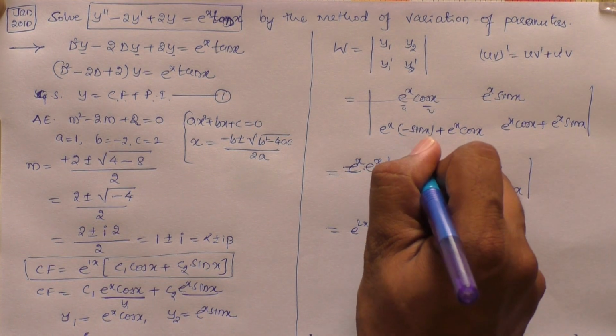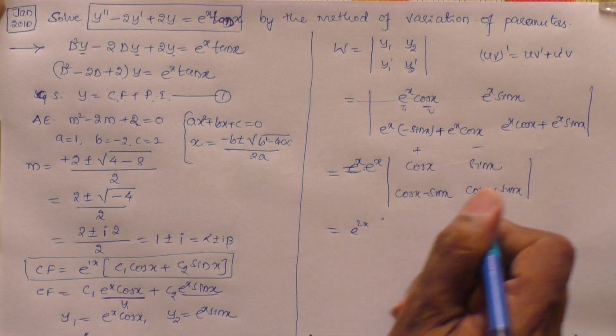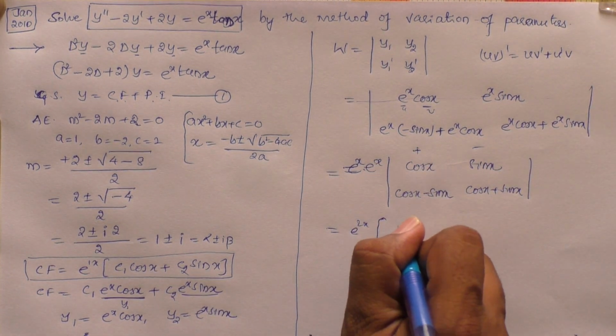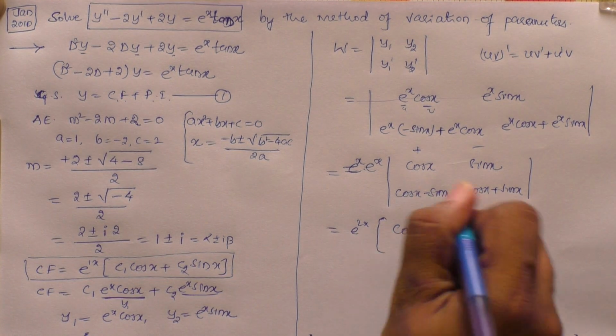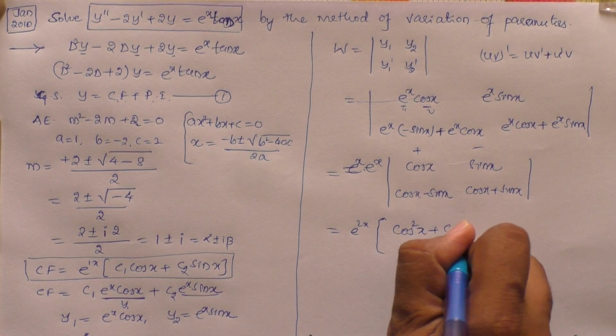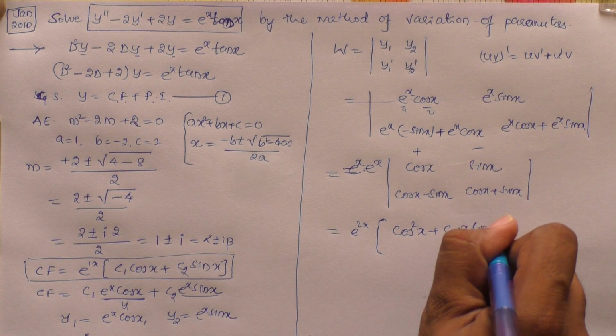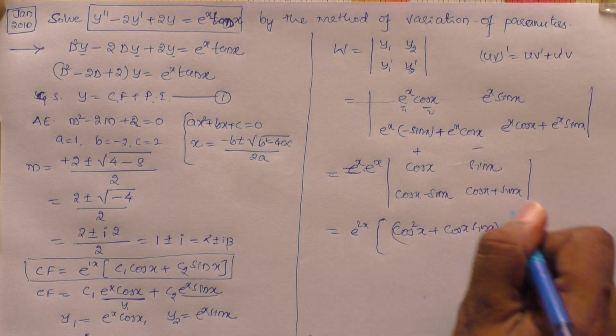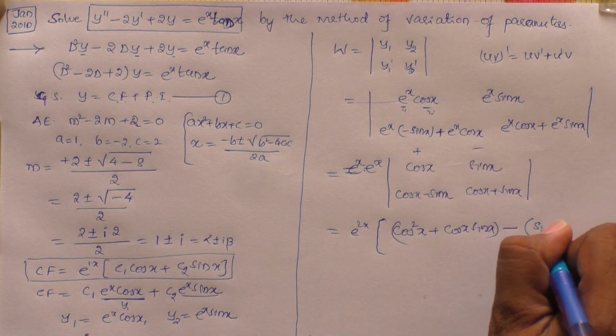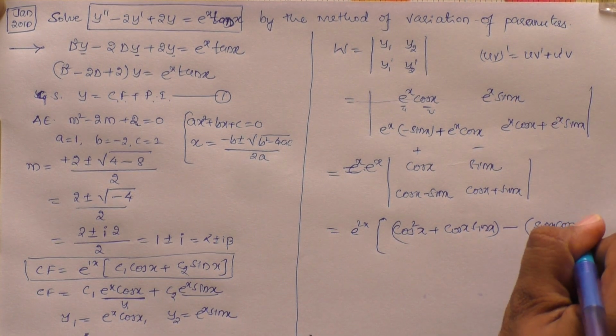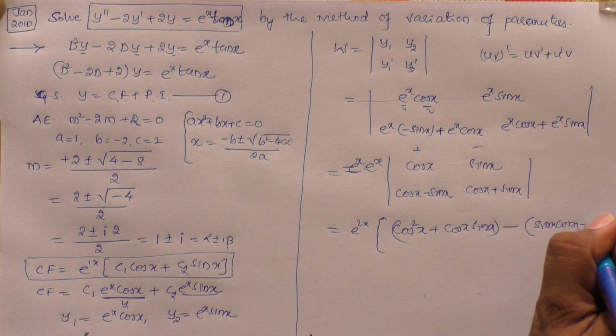Now solve this determinant: multiply the principal diagonal elements, cos x into cos x, cos square x, plus cos x sin x, minus sin x into cos x, minus sin square x.